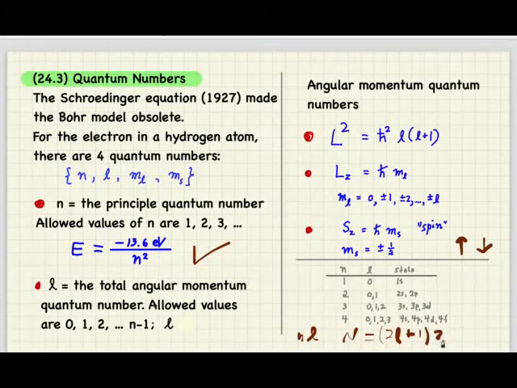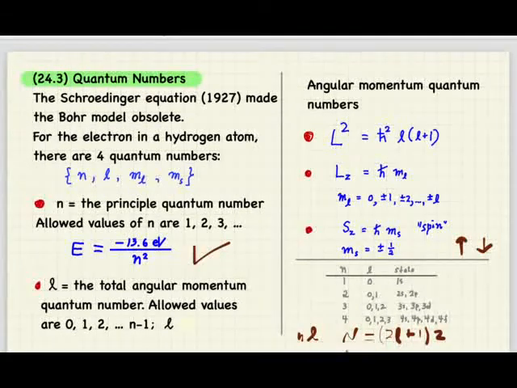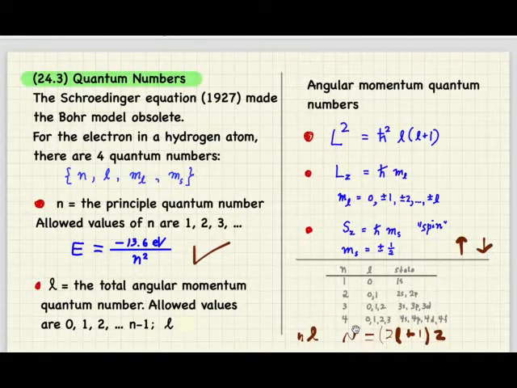So this gives you the same energy levels as in the hydrogen atom, as in the Bohr model, but a different counting of the number of states.